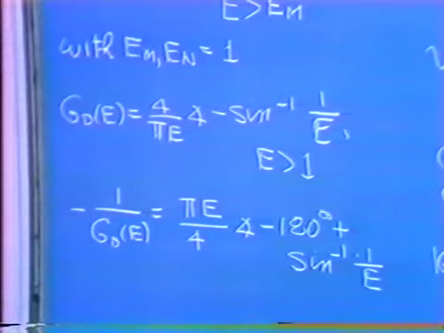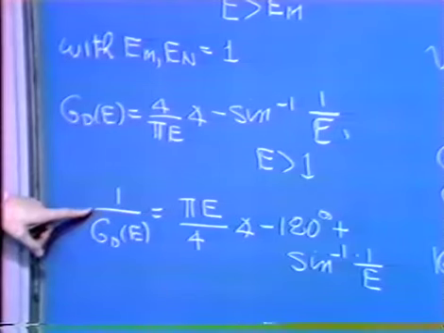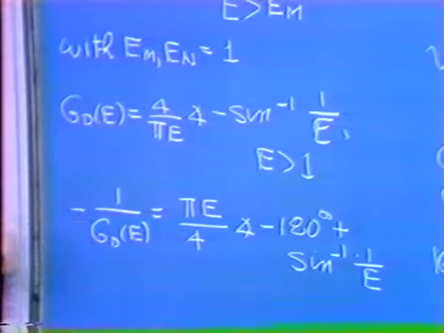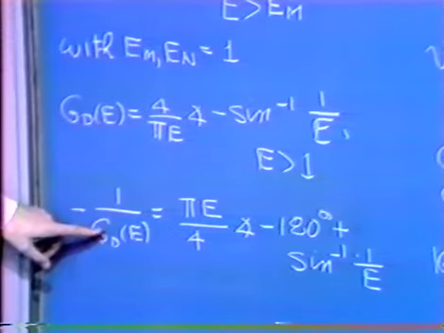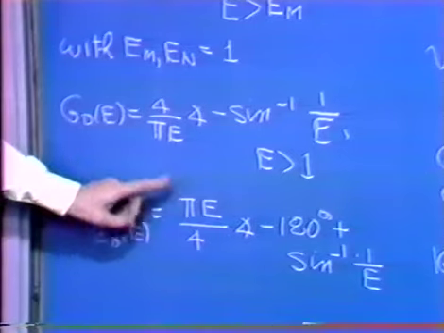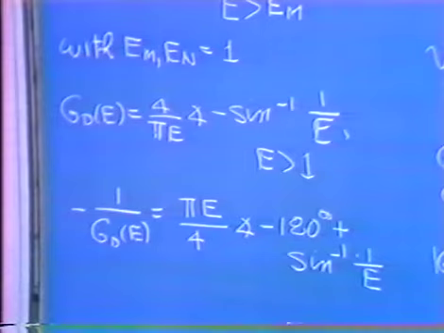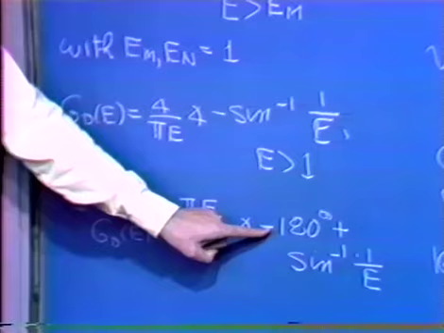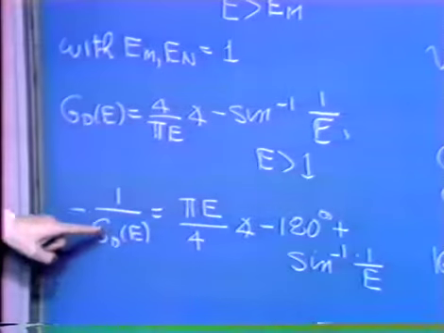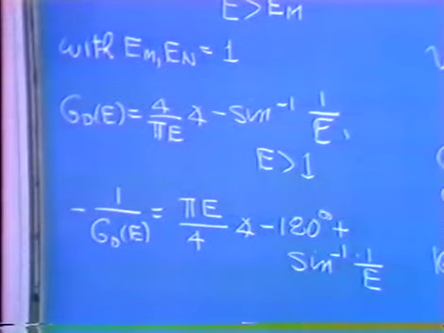Well, we can then calculate minus the reciprocal, minus 1 over g sub d of E, which is, of course, what we need for our describing function analysis. The reciprocal of the magnitude is simply pi E divided by 4. And then we have to get the angle. Well, we have a minus sign, so that gives us minus 180 degrees. The inversion associated with the minus sign gives us the minus 180 degrees.